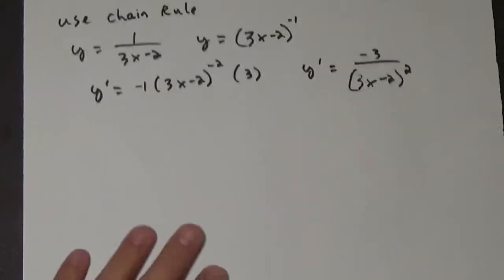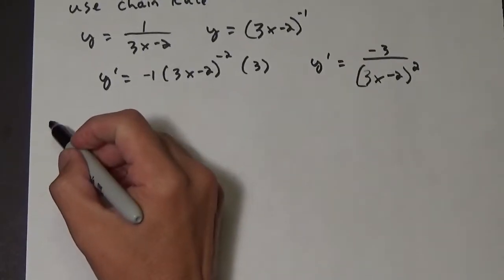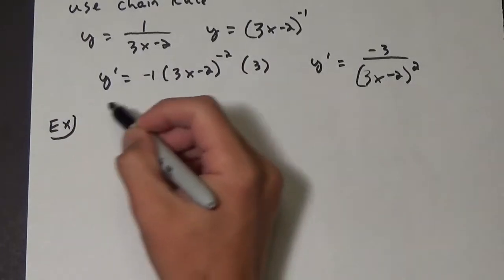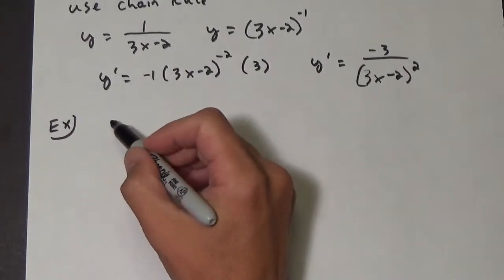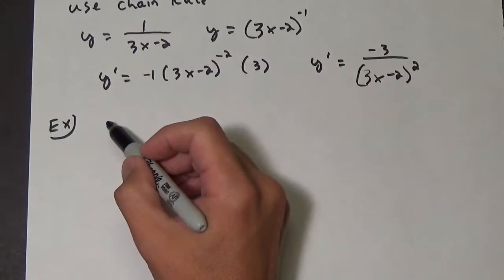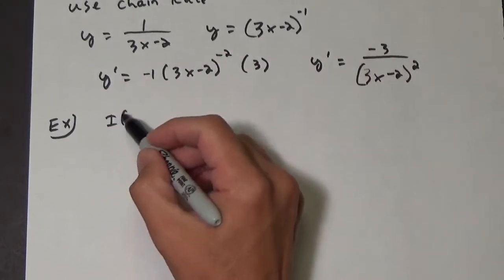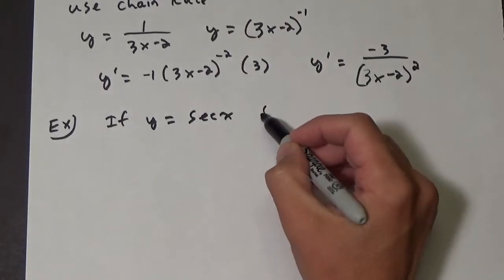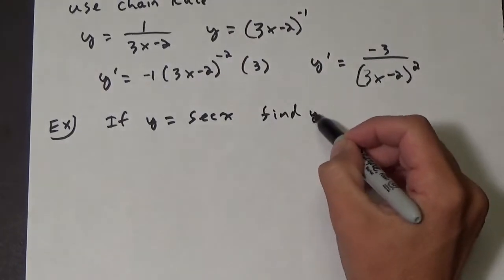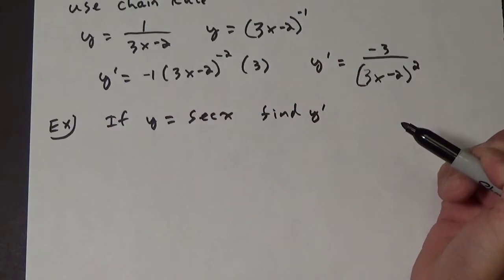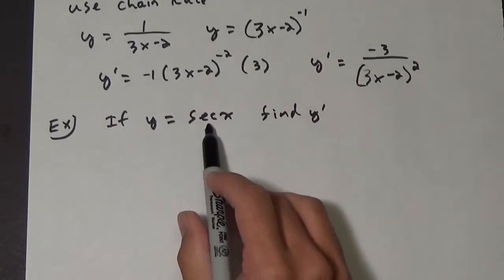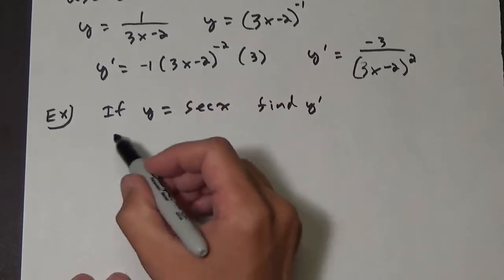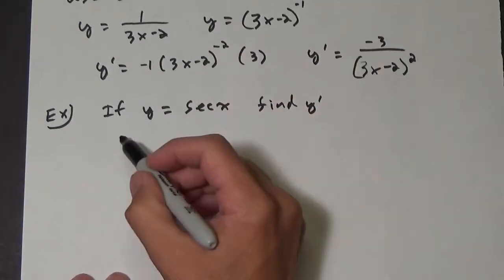Let's do another example of rewriting to use the chain rule. Back in the last section or so, we had this. If y equals the secant of x, we want to find y prime. To find the derivative of the secant, we first rewrote it in terms of cosine.